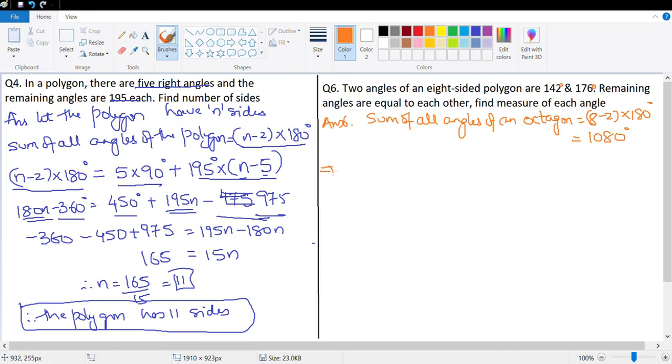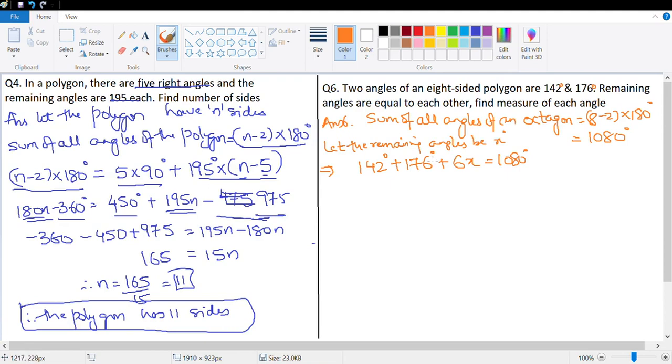It says two angles are 142 degrees and 176 degrees. So 142 degrees plus 176 degrees plus the remaining angles. How many angles are remaining? 6 angles are remaining, and all of them are equal. Let's write an assumption: let the remaining angles be x degrees.